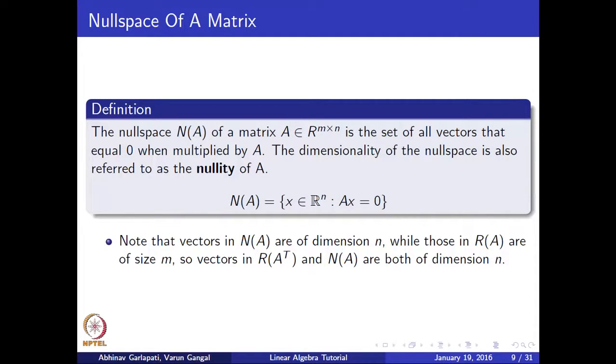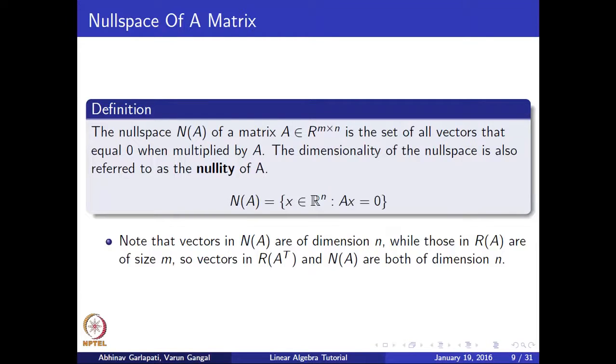Another interesting fact about null spaces is that the null space of A, N(A), consists of vectors of dimension n, while the range of A, or the column space as we defined it earlier, consists of vectors of dimension m, or m cross 1.